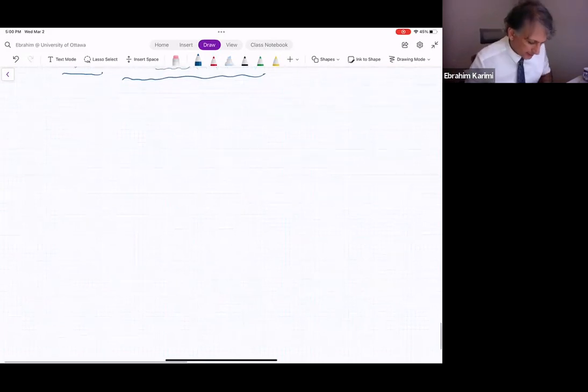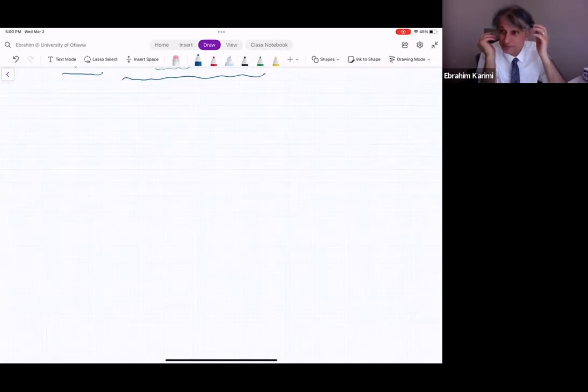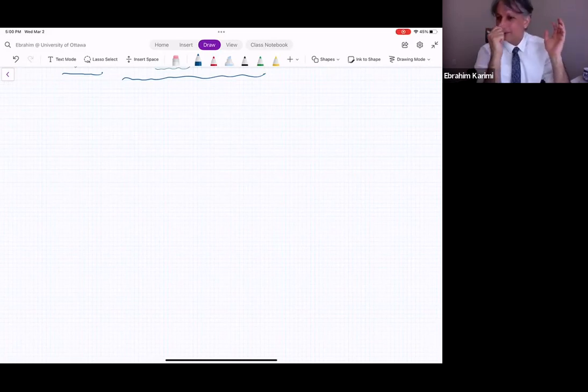Now let's go back to the Laplace equation in spherical coordinates. Whatever we solved was for m equal to 0. Right? We did not touch what is going on with m not equal to 0.